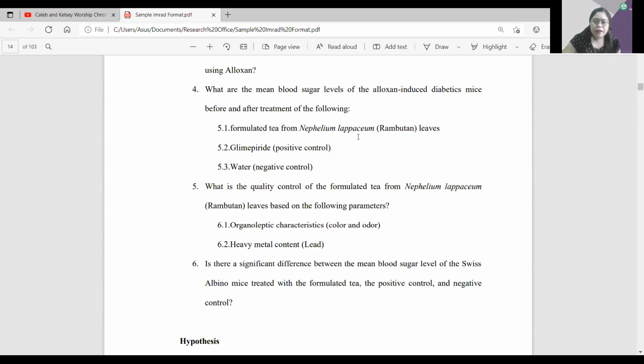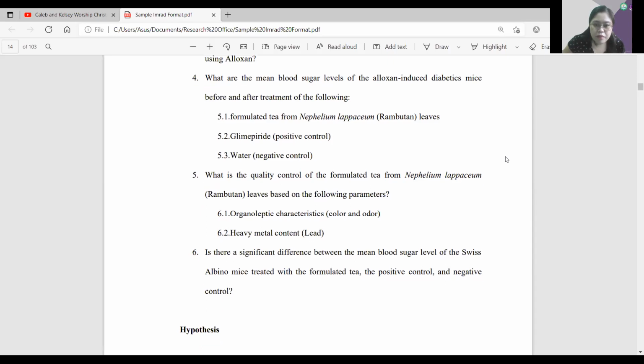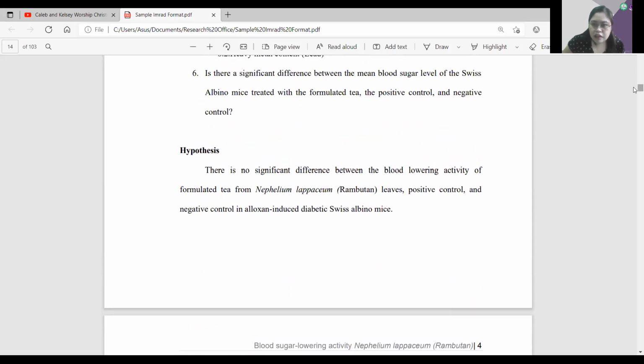And then blood glucose level before and after treatment of the following. And then they have the quality control. And lastly, they have the inferential statistic. Is there a significant difference between the blood glucose level of the Swiss albino mice given treatment?